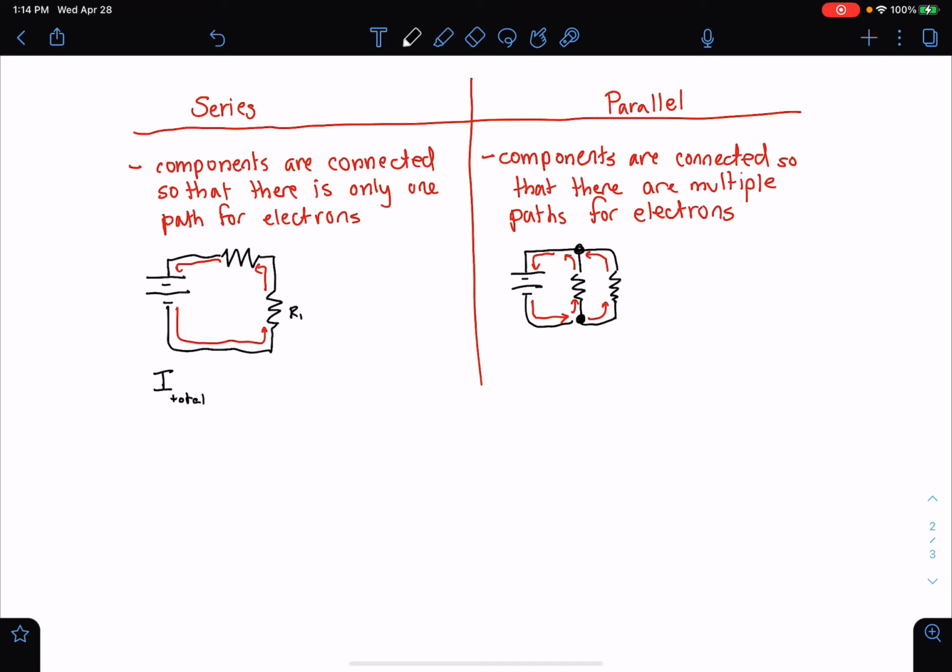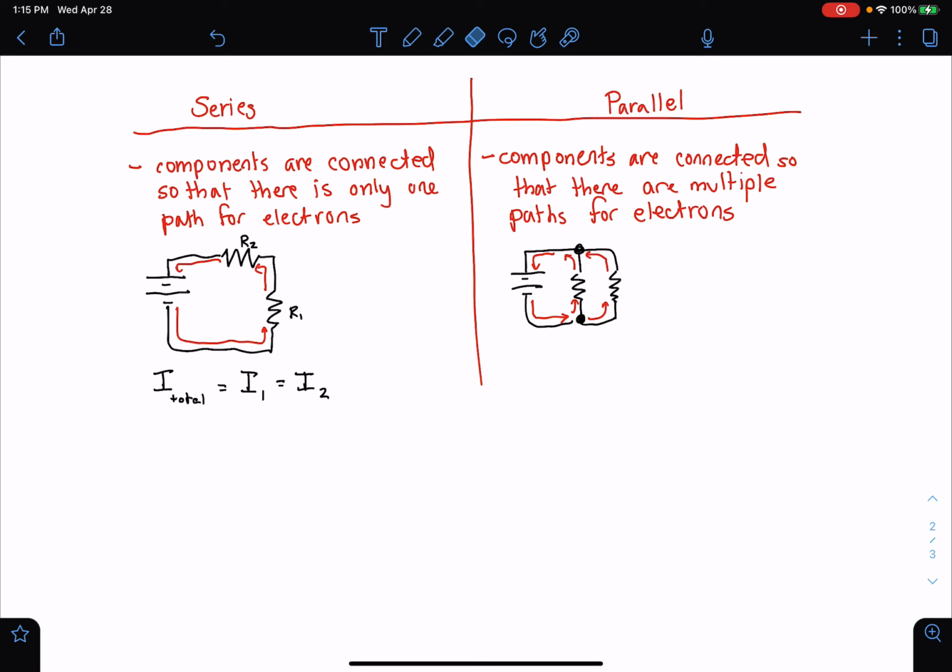So if this is R1 and this is R2, resistor 1 and resistor 2, the current is going to be the same through each of those because there's only one path for the electrons to go. So if you measure the current here and it's 0.25, and then you measure the current here, it's also going to be 0.25 because there's only one path. You can't split the current down multiple paths, so it's going to be the same through each.